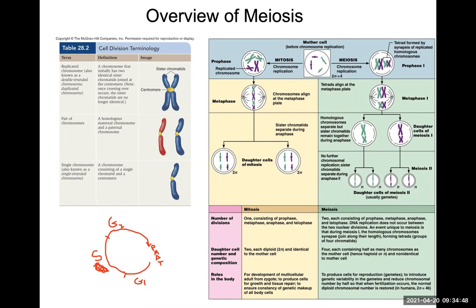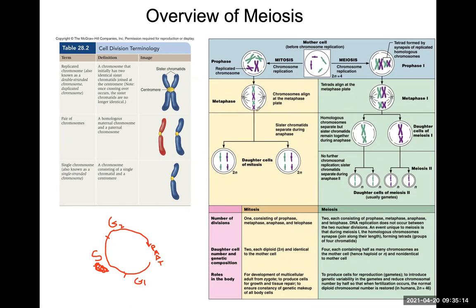So these 2 arms right here are just identical genetic copies of these 2 arms. You only want functional chromosomes to look like this, right? This is not a functional chromosome. This is one chromosome that's stuck to its sister chromatid. We call both of these sister chromatids because they're genetic copies, identical copies.